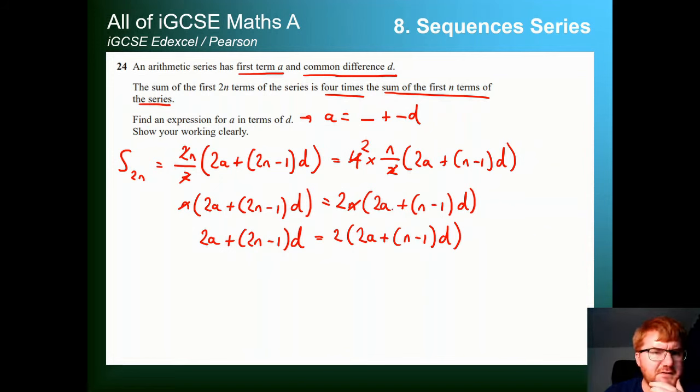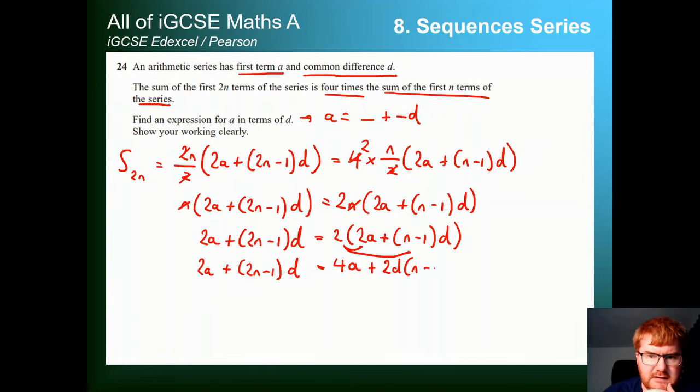Okay, so at this point I think I'm just going to expand on the right hand side. So 2a + (2n - 1)d is equal to 4a, so I'm just multiplying a single bracket here, plus 2d(n - 1). Okay, and let's expand some brackets again. So we get 2a + 2nd - d is equal to 4a + 2nd - 2d.